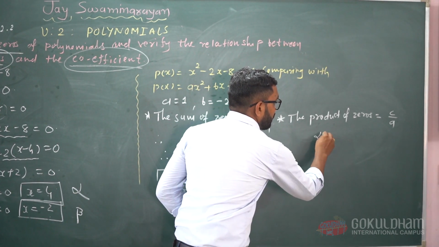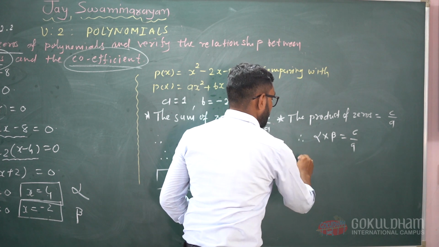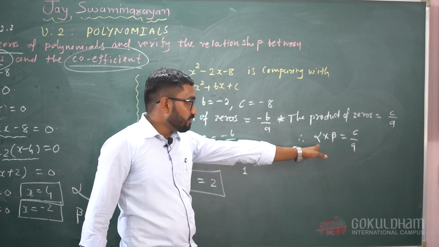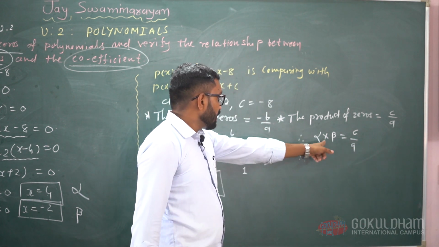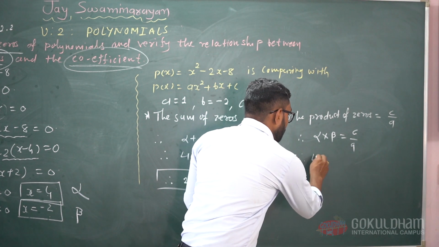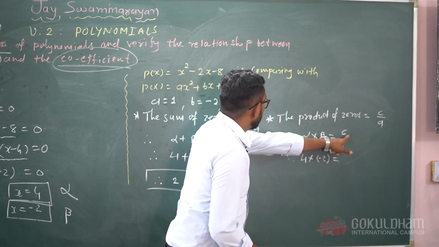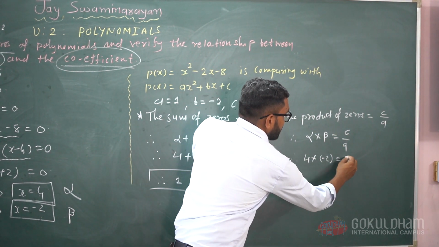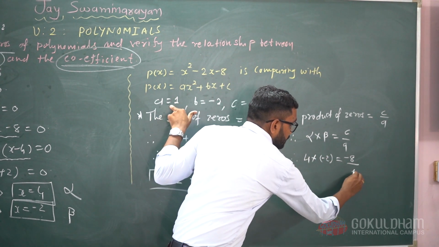So alpha into beta equal to c by a. Now put the values: alpha equal to 4, beta equal to minus 2, constant term c equal to minus 8, and a equal to 1.